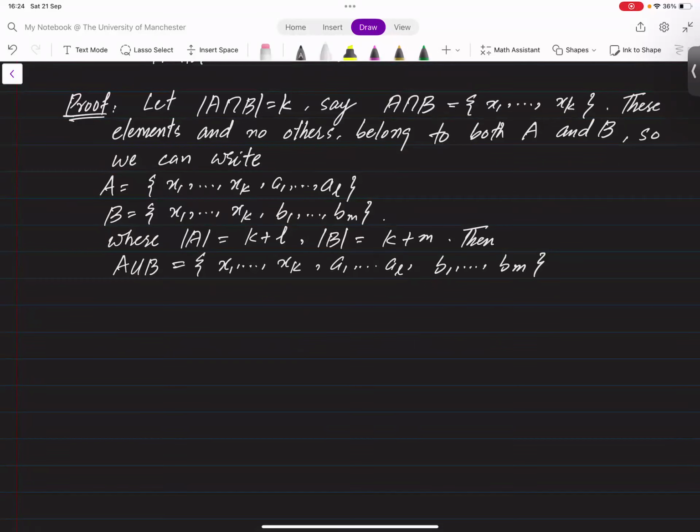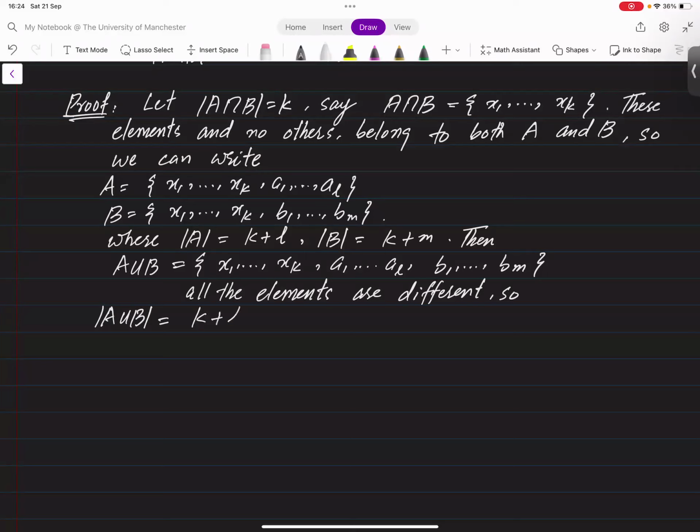So the order of A union B is k plus L plus M, which is k plus L plus k plus M minus k.